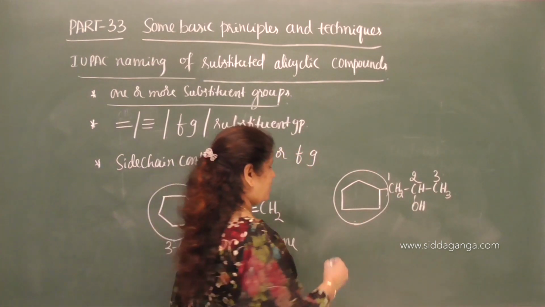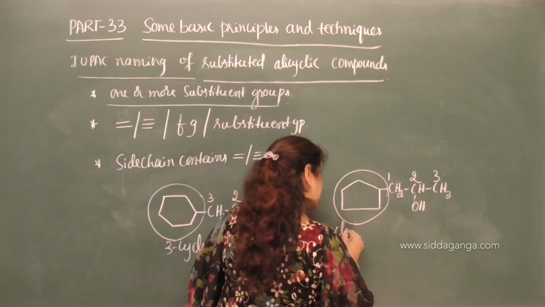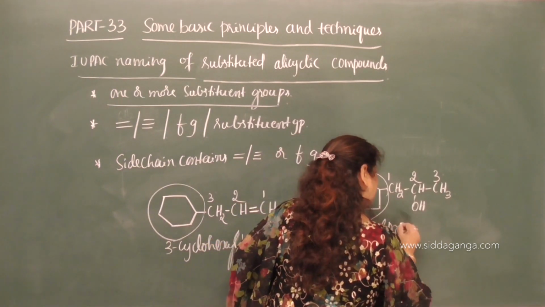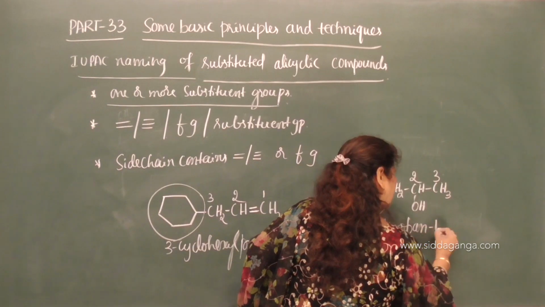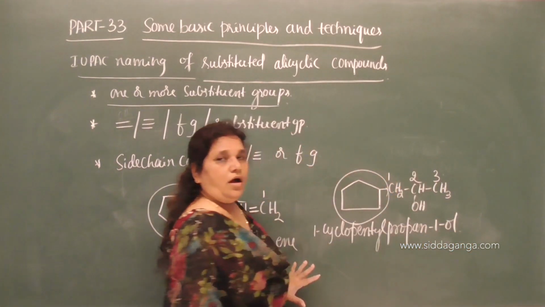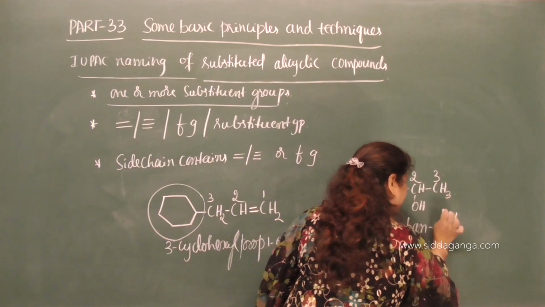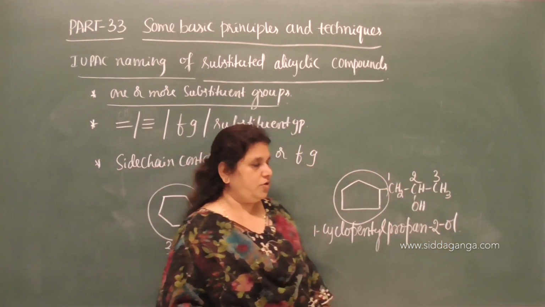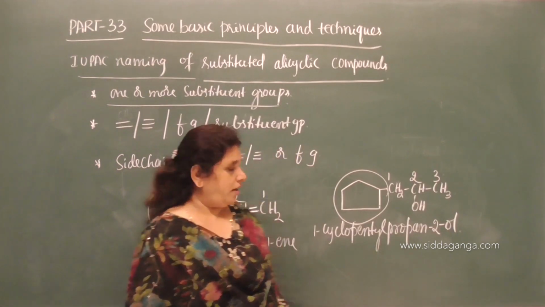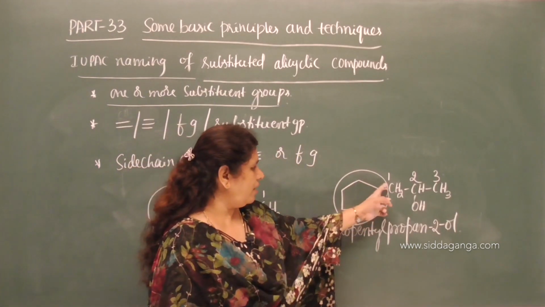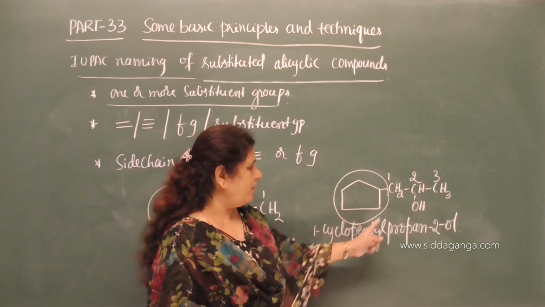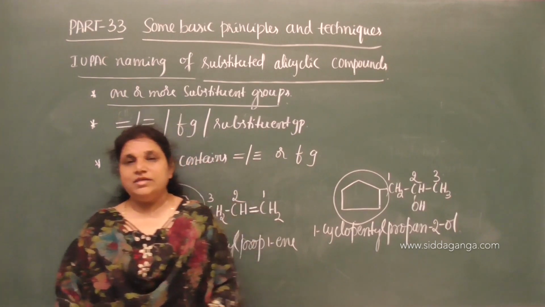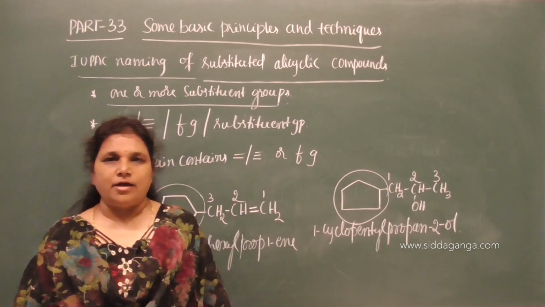Cyclopentyl, which is present at the first carbon. 1-cyclopentyl propane-1-ol. Sorry, 2-ol, propan-2-ol. On the second carbon we have the OH group, therefore propan-2-ol. So 1-cyclopentyl propan-2-ol is the IUPAC name of the substituted alicyclic compound.